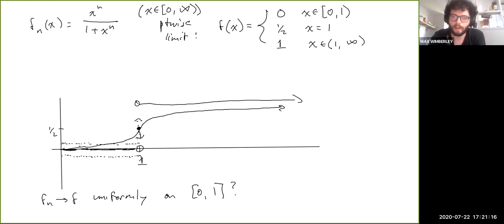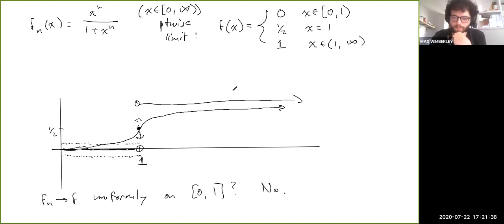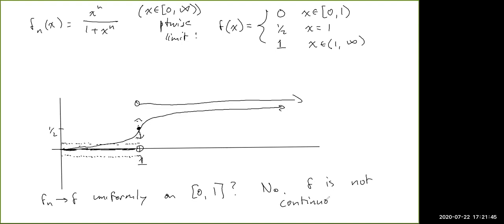There's actually an even faster way. The answer here is no. Now that I've said the answer, can anyone tell me why? There was a theorem in the book saying that the limiting function has to be continuous. Yes, f is not continuous on [0, 1].